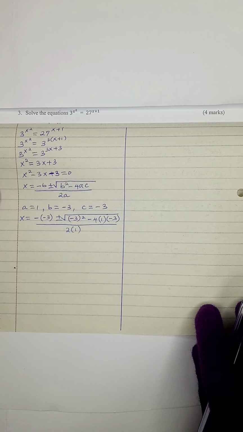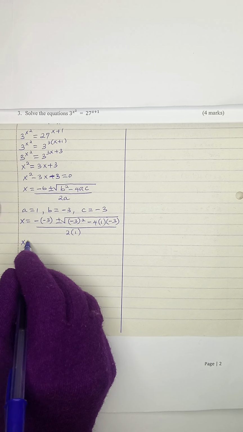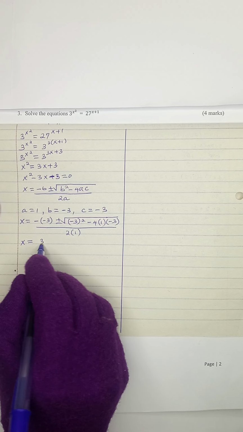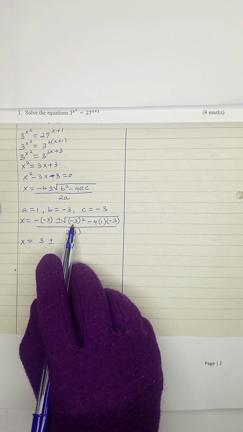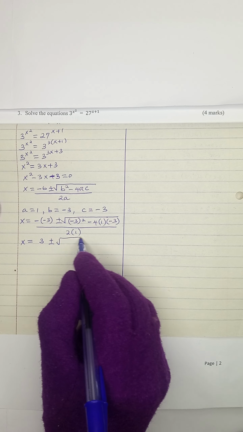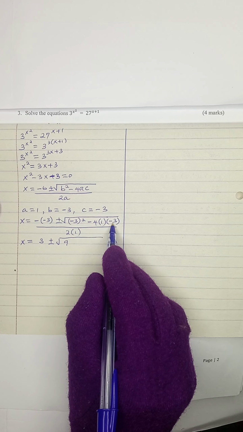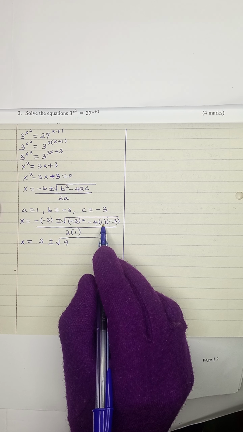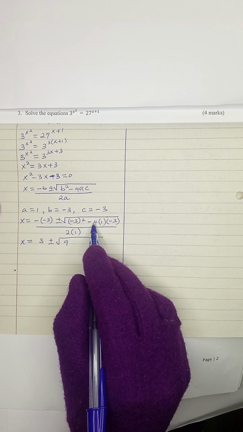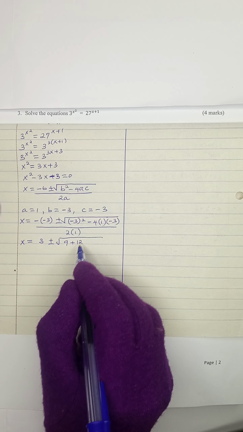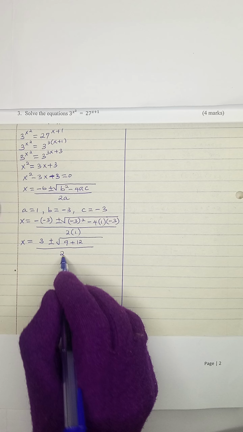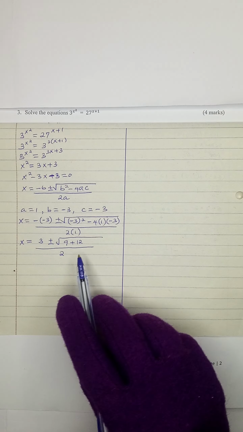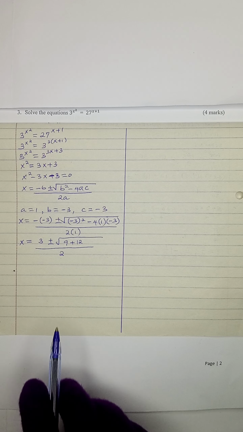If you simplify that, we will say x is equals to negative of negative 3 is positive 3. Then negative 3 squared is positive 9. So we have 9. Negative 3 times 1 is negative 3 times negative 4, we'll have plus 12 here all over 2. Then 12 plus 9, that is 21.